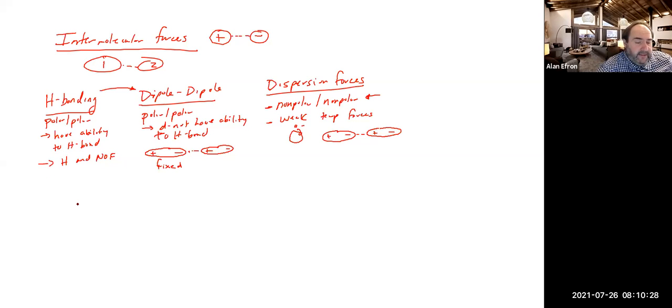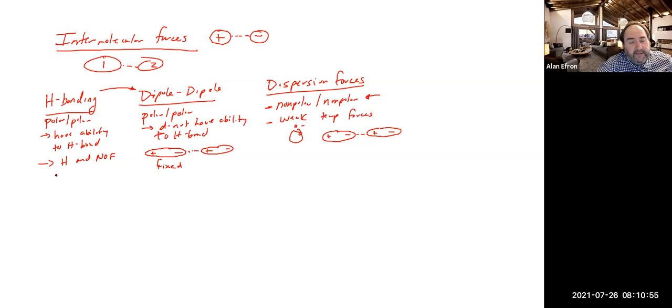The reason is that nitrogen, oxygen, and fluorine are the three most electronegative elements on the periodic table, in the upper right corner, and they create a really polar bond with hydrogen. That's going to allow a big separation of charge between the hydrogen and the nitrogen, oxygen, or fluorine, and allow that positive negative attraction to occur.